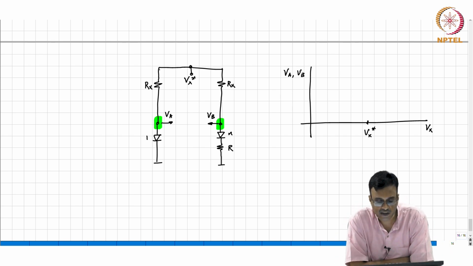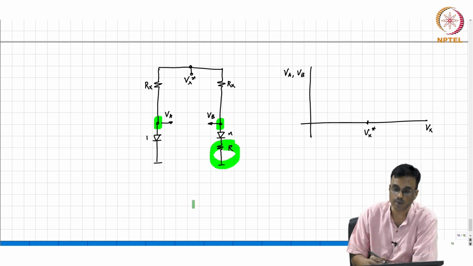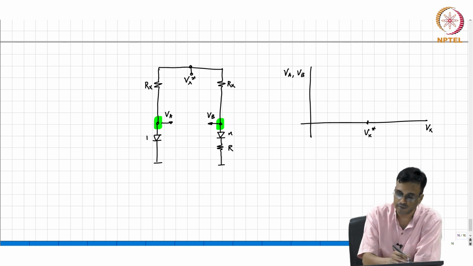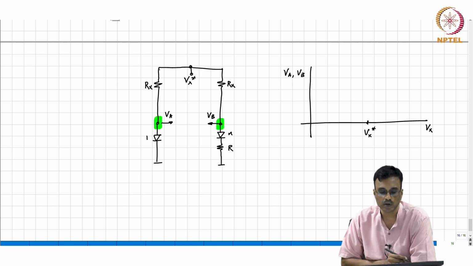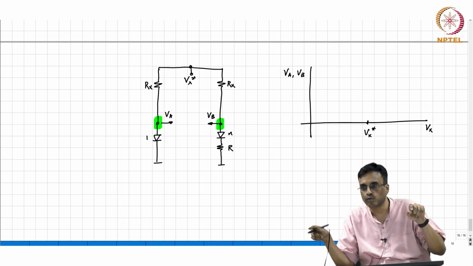So when Vx is very small, what comment can you make about the current? The current will be very small. So in this branch, which voltage drop can you neglect? You can neglect the voltage drop across R. So for Vx very small compared to Vx star, which will be larger, Va or Vb? Yeah. The same current is flowing through a diode which is size 1, whereas on the right side it is flowing through a diode with size n.